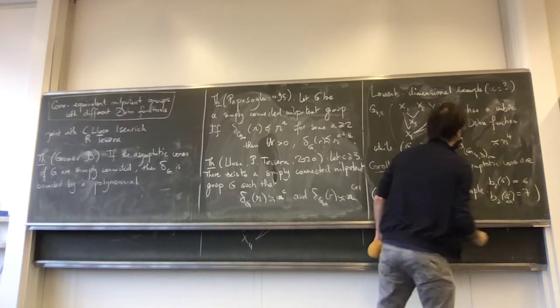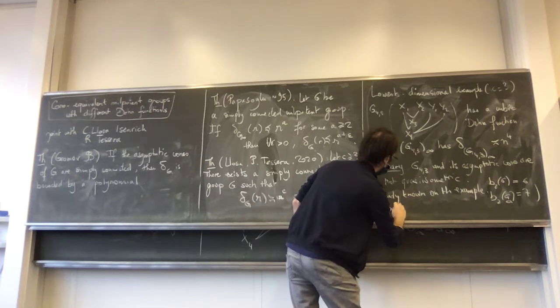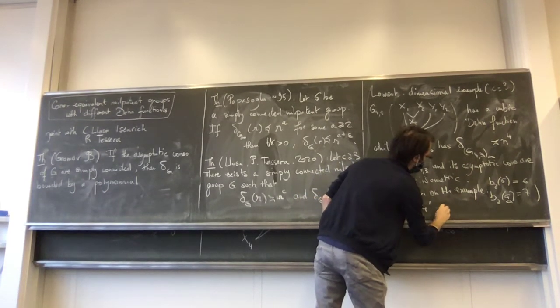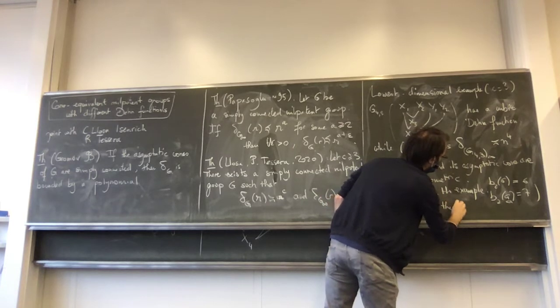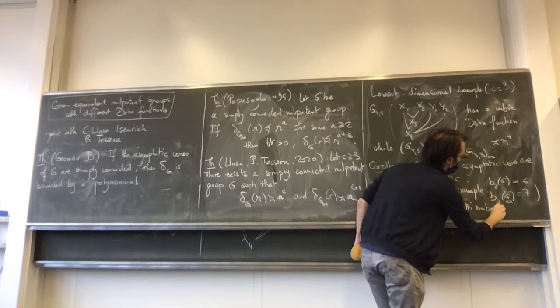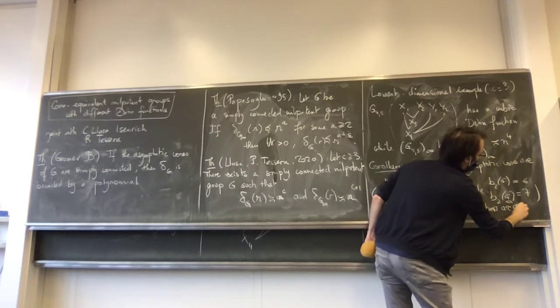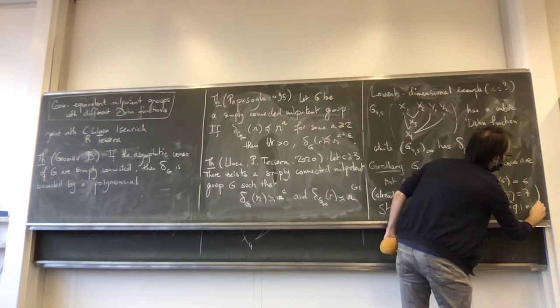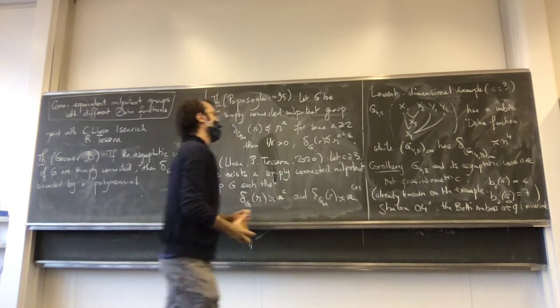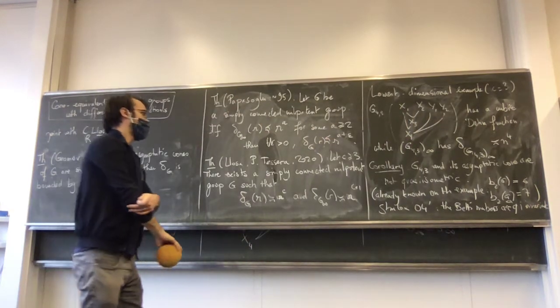Actually Shalom in 2004 showed that the Betti numbers are quasi-isometry invariants. So there is some point of comparison here.